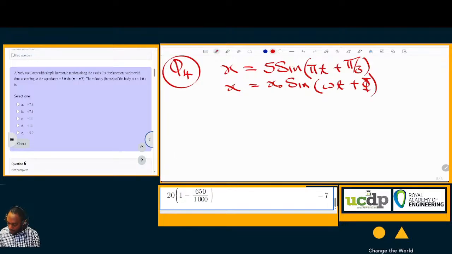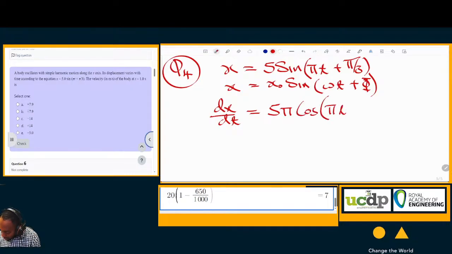Okay. So now we need to determine the velocity, but we're given a displacement-time relationship. So we can differentiate that, dx over dt. If you differentiate that expression, that will be 5 pi; differentiate sine, you get cos, right?